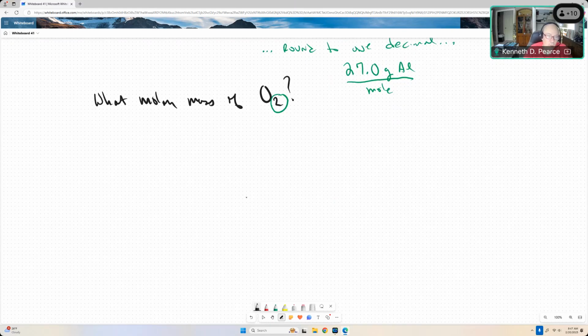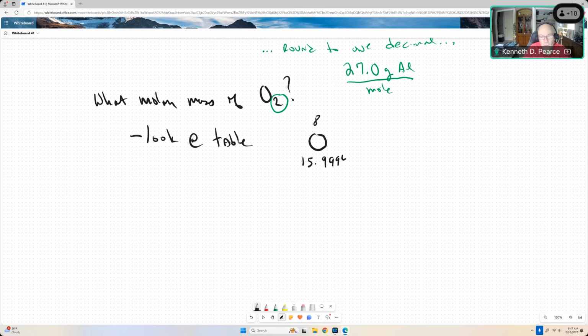If we look at the periodic table, we see that oxygen is element number 8, I believe. Yep, element number 8. We look at oxygen on the periodic table and we see 15.9994.